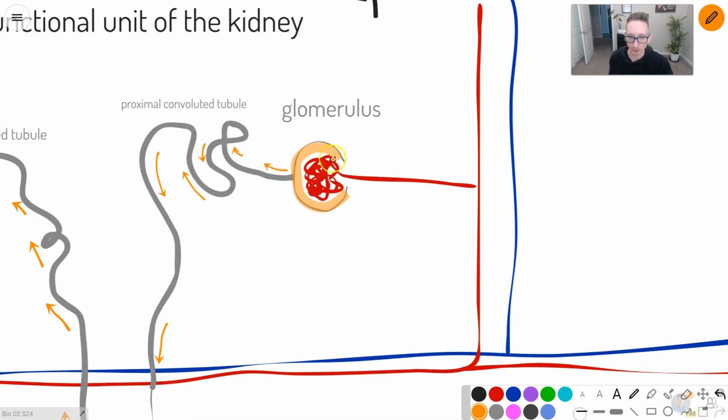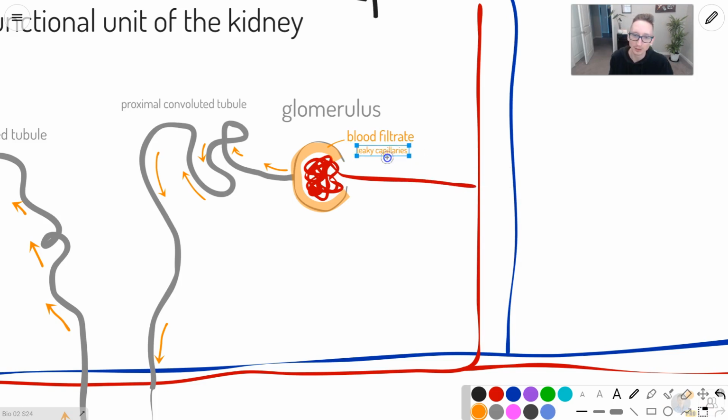We'll call this the blood filtrate. It's real leaky here. The capillaries are real leaky. If you forget what capillaries are, that's really thin blood vessels. Single cell layer of blood vessels.